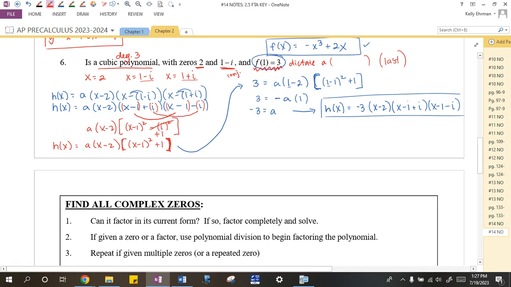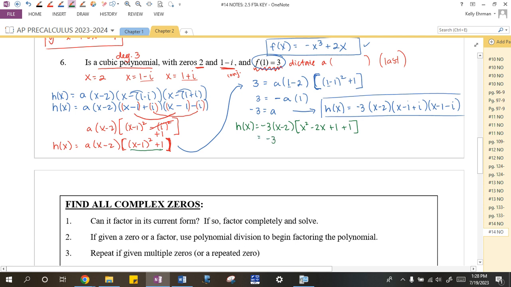If I want to get to the general form, I've got to keep working on this now. So I can say, all right, now I'm here. h of x equals negative 3 times x minus 2 times, let's go ahead and do this math in here, x squared minus 2x plus 1 plus another 1 because of that.